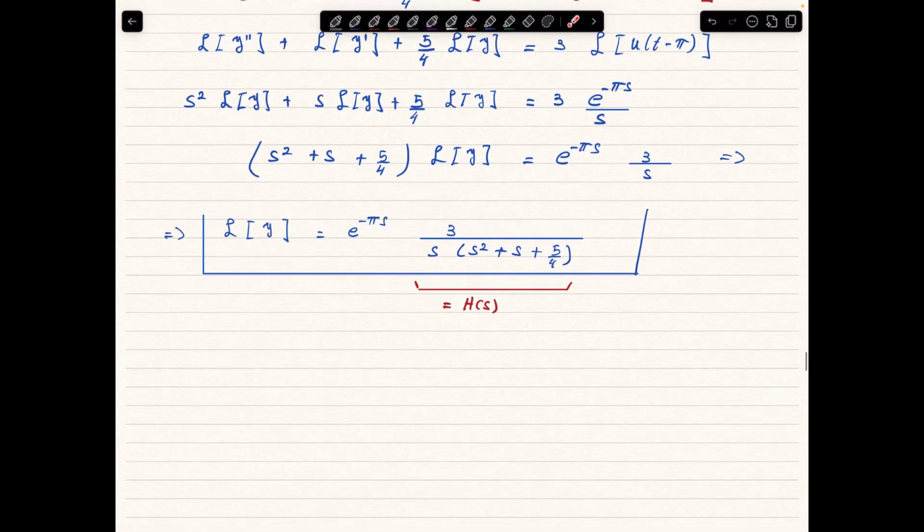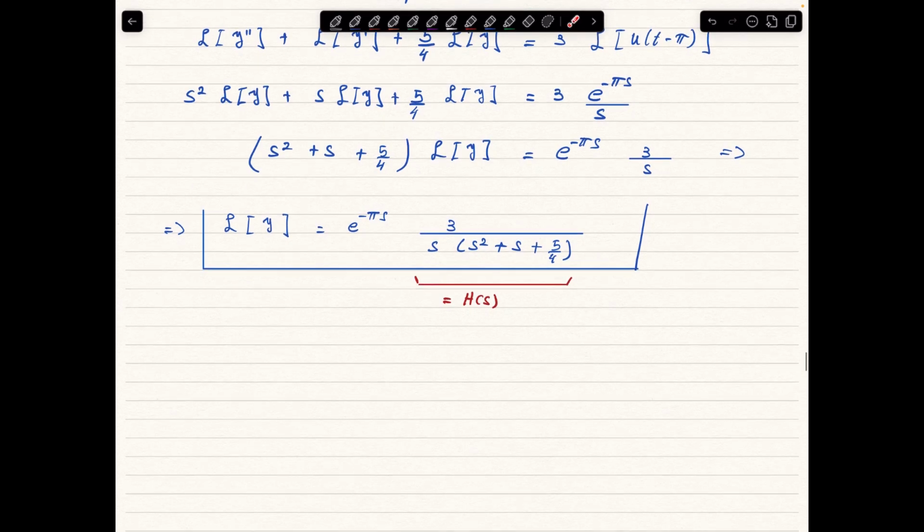And why do we do that? Well, because if we do that, then the Laplace transform of y, which is what we are looking for, is going to be an exponential negative pi s, and then this function H of s, where H of s is that part here. Okay, so why is it useful to write the right hand side in that way?